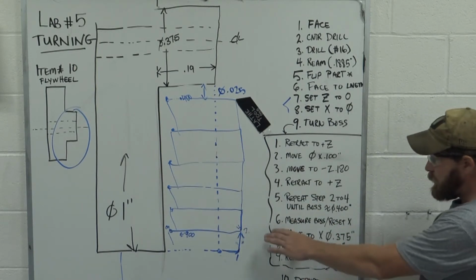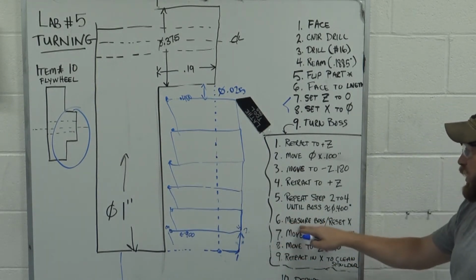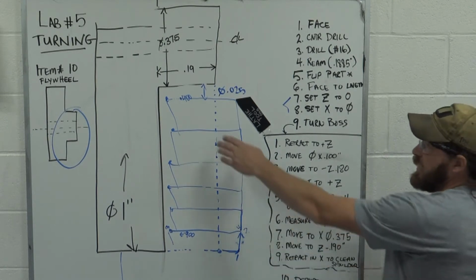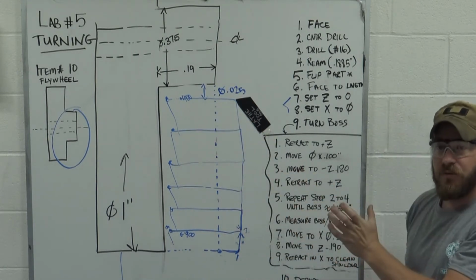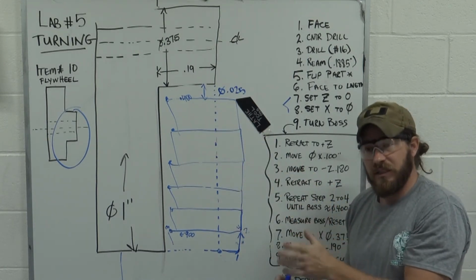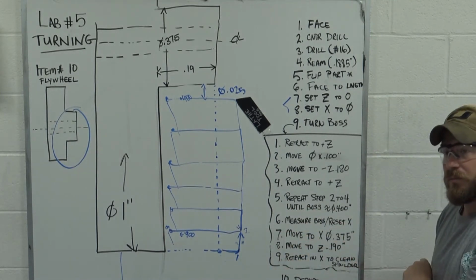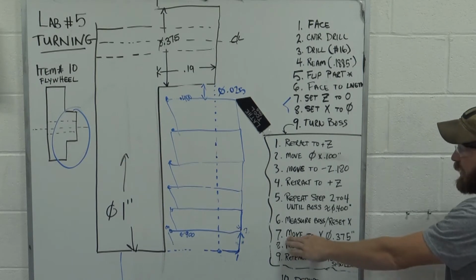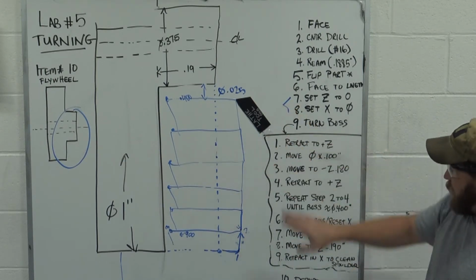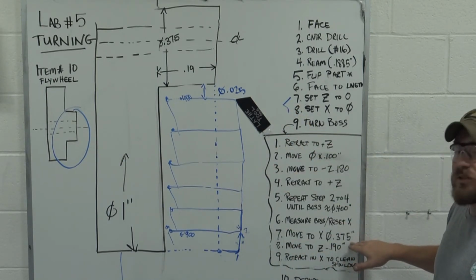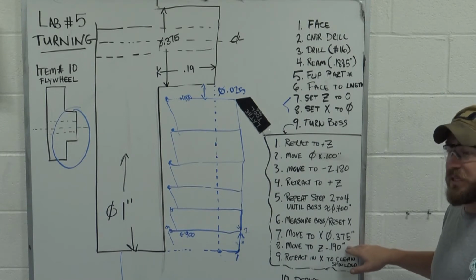All right? So this is what I have as step 6: measure that boss. If your dial is a little bit off of 0, I would reset to 0. All right, 7. Then we're going to move in to this final dimension of 375.